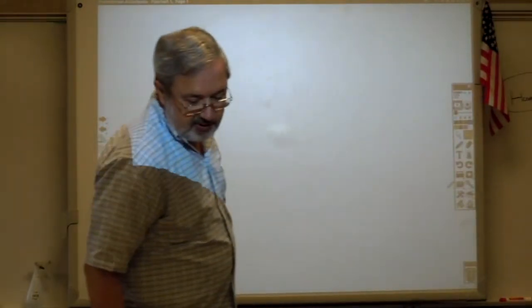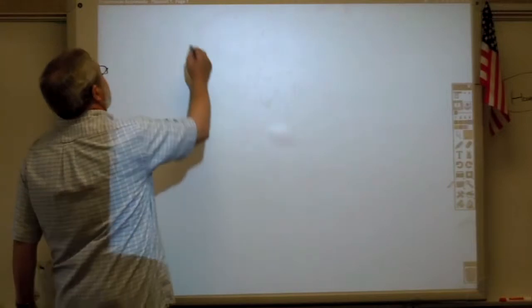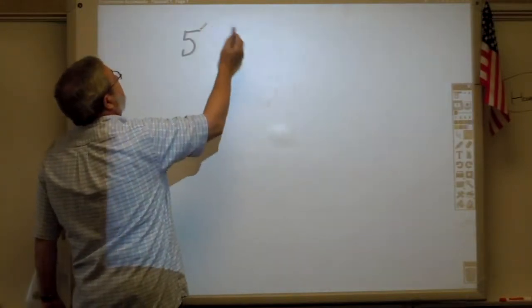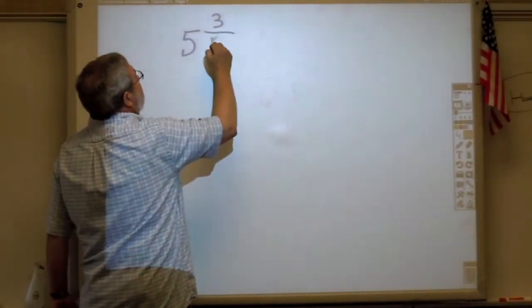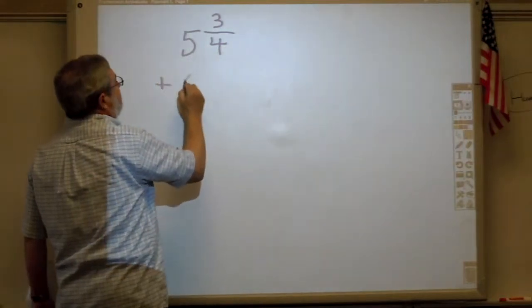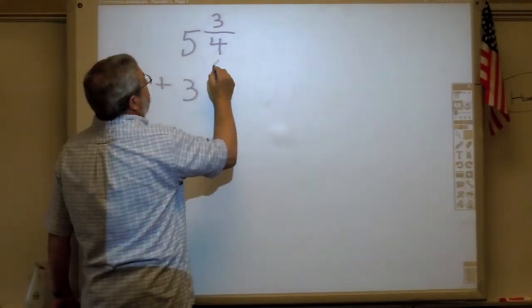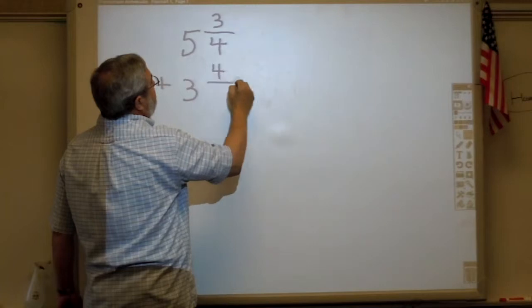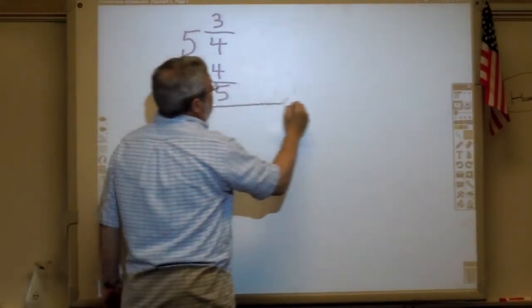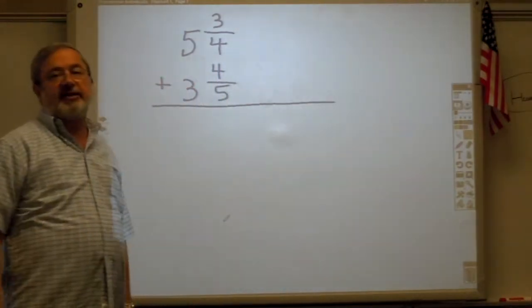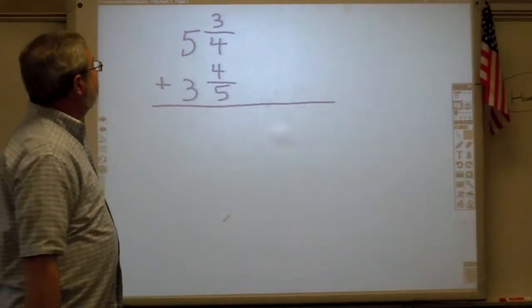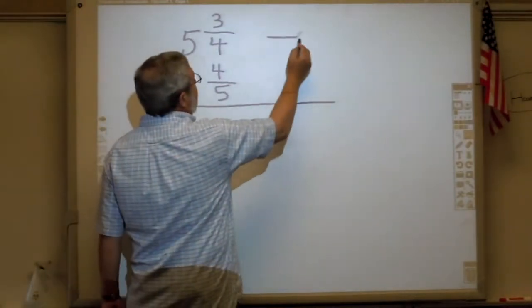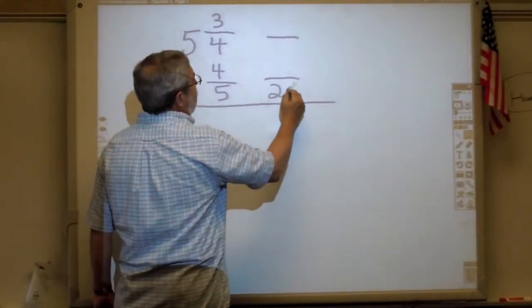Now let's look at one a little bit differently this time. Write this one down, work it out, come back and check and see what you'll end up with. All right, in this case, my new denominator is going to be 20.